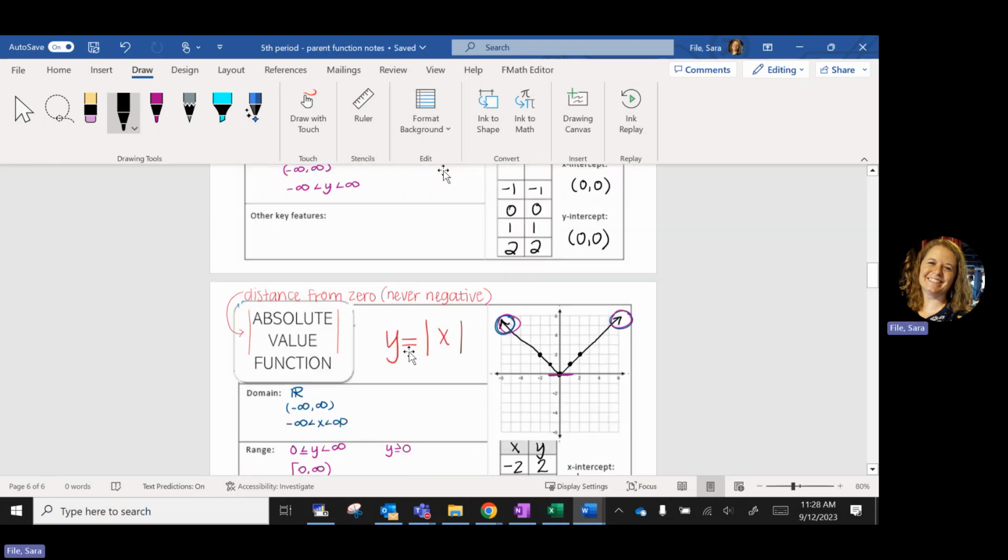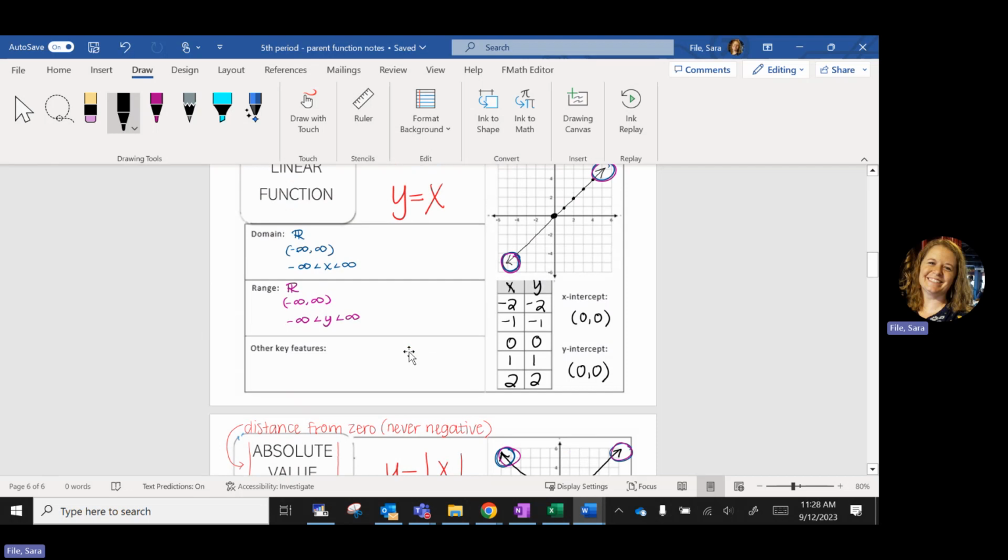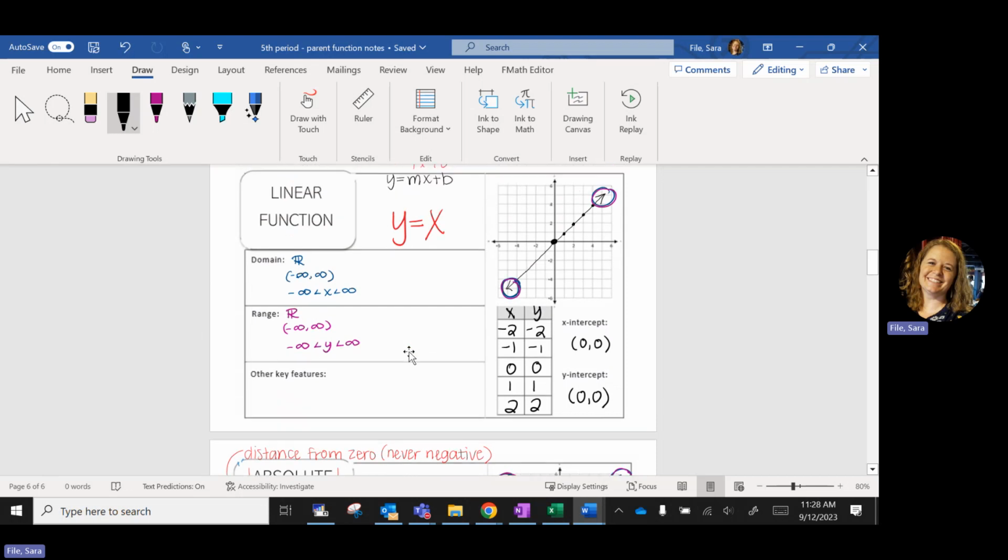All right, and then back to the very front of our packet, there's nothing special, nothing extra we need to add to linear. There is no asymptote, no max or min, no vertex, and it's not symmetric about the x or y axis. So there's nothing extra we need to add down here for key features of linear.